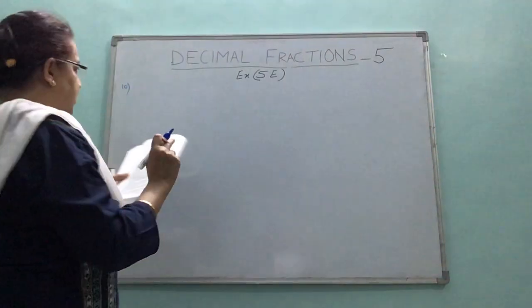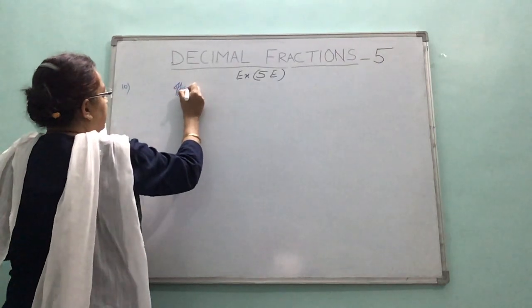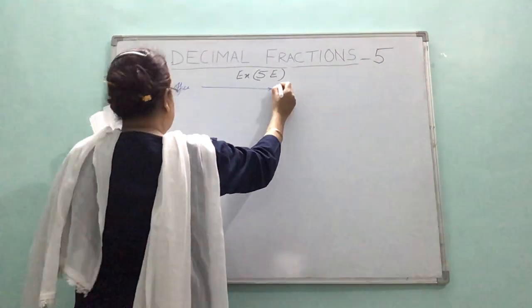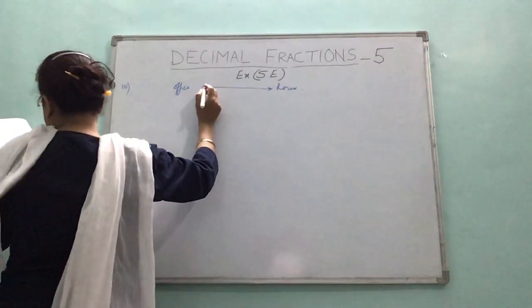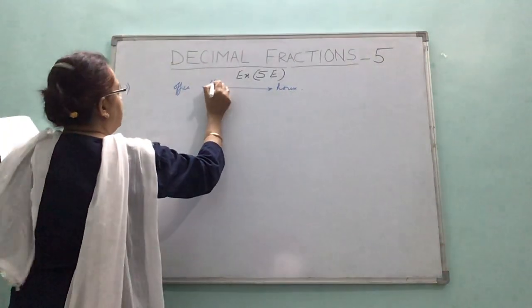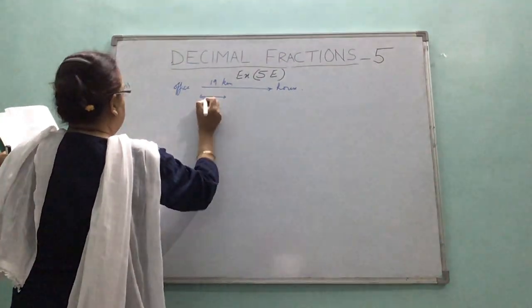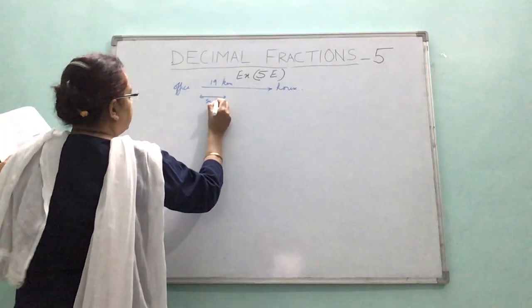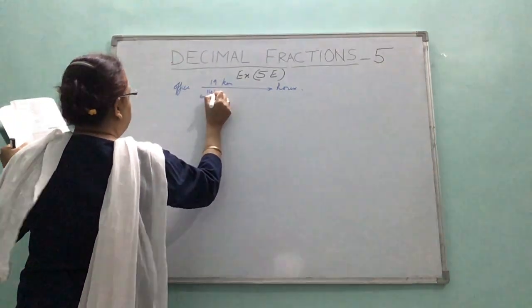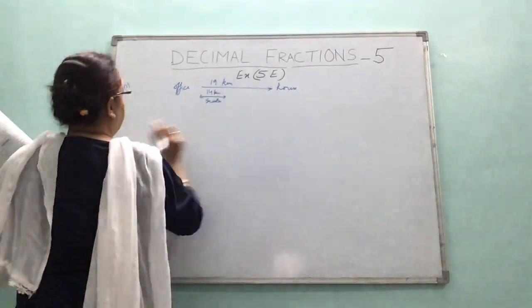So the total distance is given. This is Naman's office and this is his house. So total distance is given as how much? 19 kilometers. Now part of it he covers by scooter, which is 14 kilometers, 65 meters.